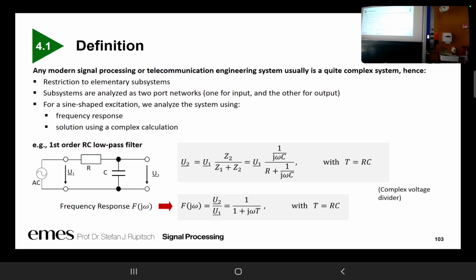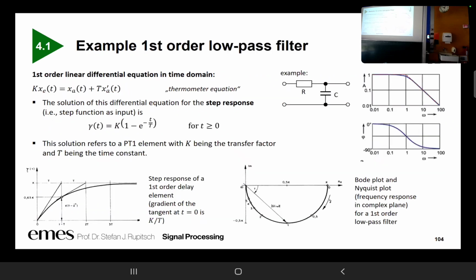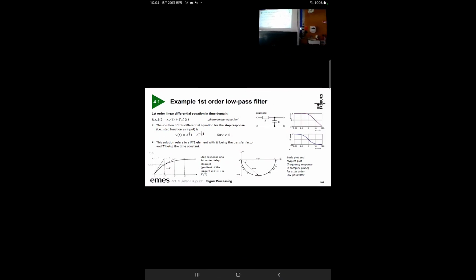But we can also describe the behavior of this RC low-pass filter with differential equations. The basic differential equation for such a simple arrangement is written here. It's a first-order differential equation with constant coefficients. And the step response of this arrangement would look like this. We have here a scaling factor and the exponential function, and this would be the step response. We can take a look at the step response, but we can also take a look at the Bode plot.